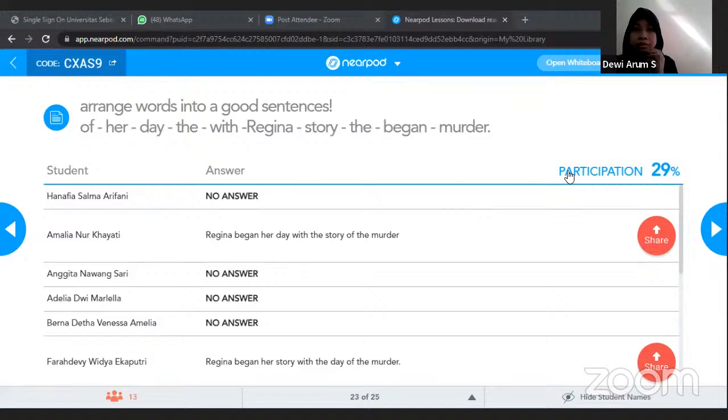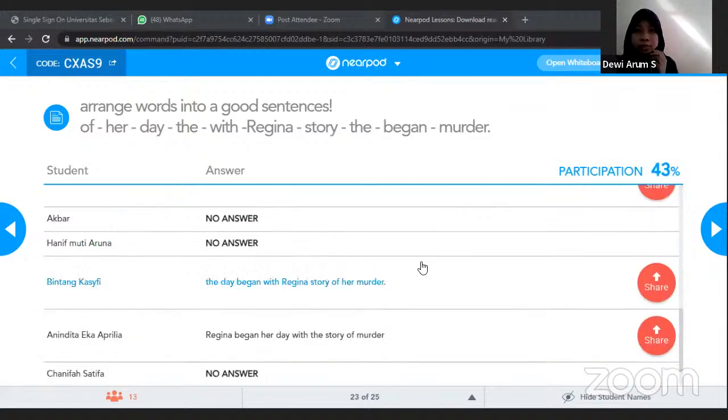Okay, it seems that some of you have answered the question. There are Farah Devi, Bintang Kashfi, Anindita, and Amalia. So what about the others?